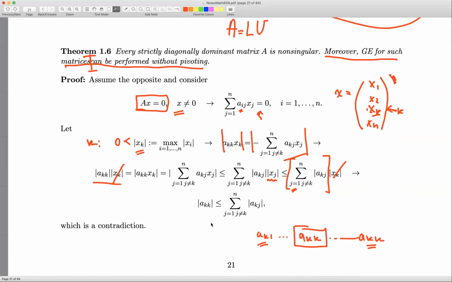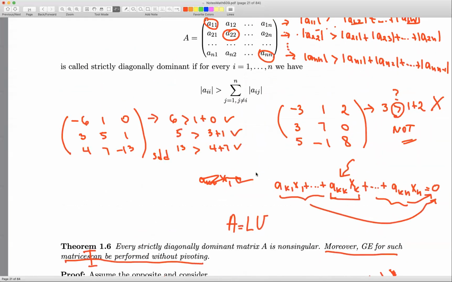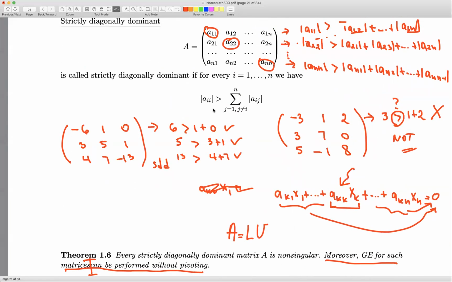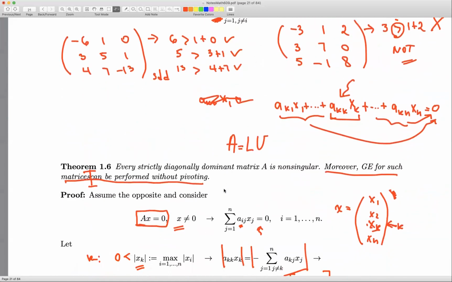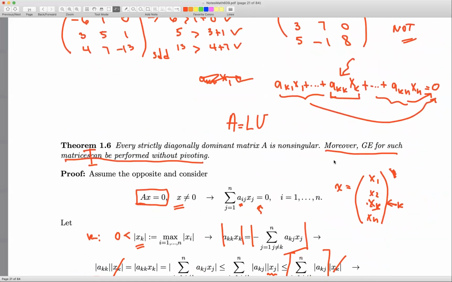This is a contradiction with the fact that the matrix is strictly diagonally dominant. Remember that the definition was strictly bigger than the sum. Therefore, this matrix is non-singular. As I said, the second part of this theorem is one of your homework problems.